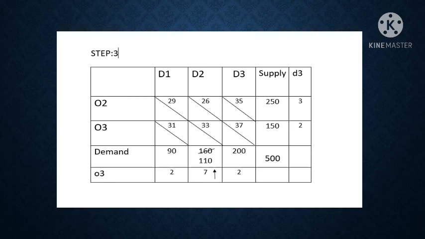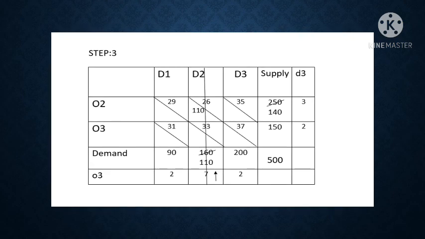7 is the largest number, so we select the D3 column, and the smallest value is 26. So we take 26 against 250 and 110, the supply and demand. Here the demand value 110 is the lowest number, so we allot 110 in 26, and we subtract 110 from 250.